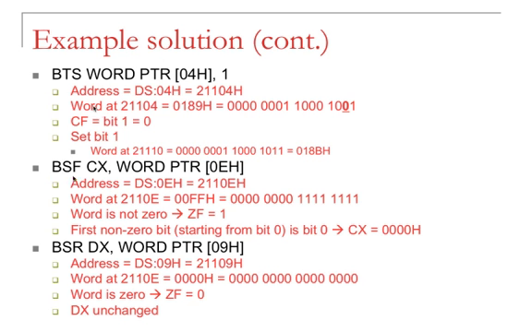Next instruction, BSF, so bit scan forward. We have this location 0E, the effective address is 0E. We first calculate the linear address, the 2110E, and we know that at this location we have 00FF, that's the original value. If we write the value in binary, here's the binary representation.